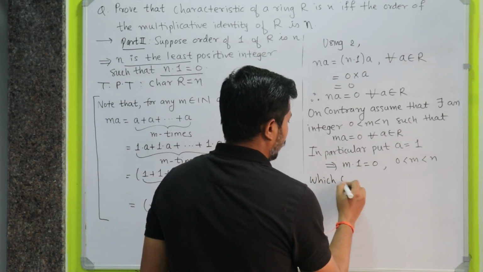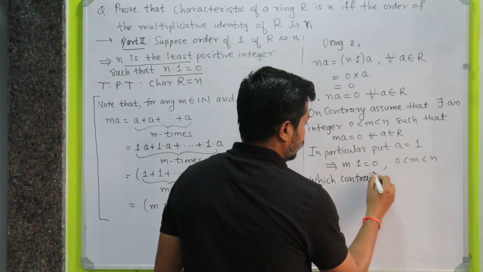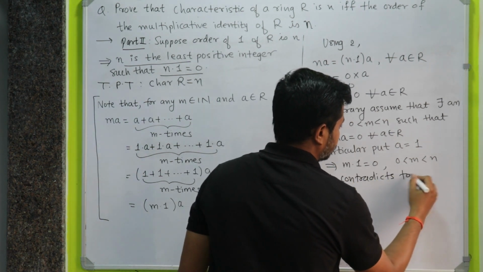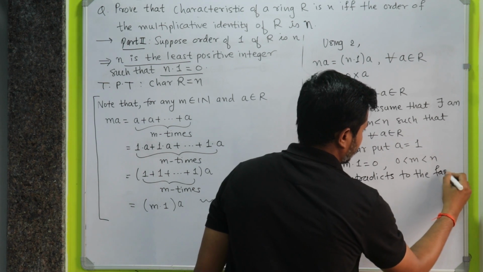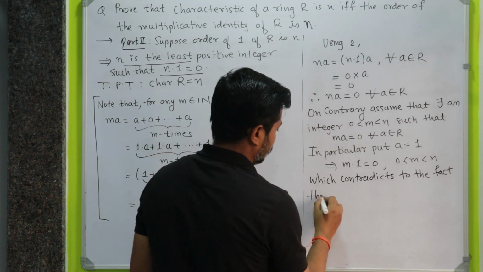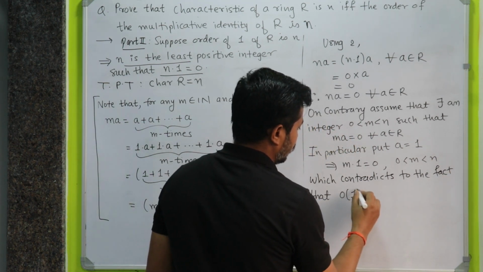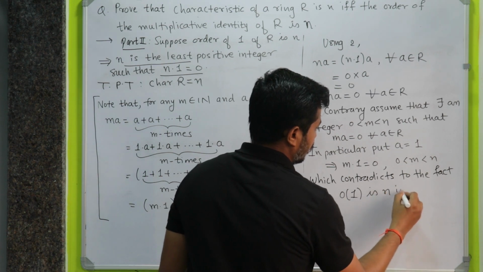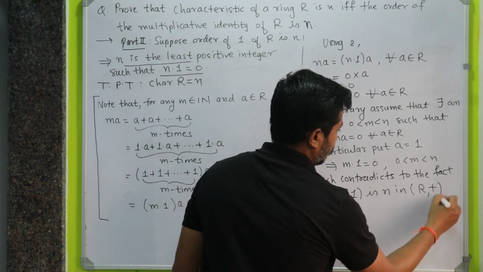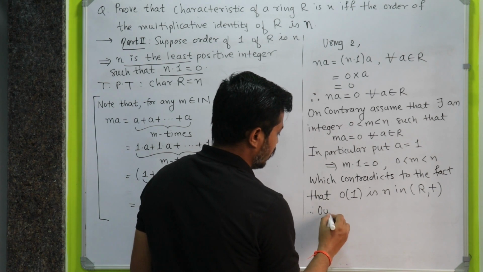So which contradicts the fact that the order of 1 is n in R plus. Therefore, our assumption is wrong.